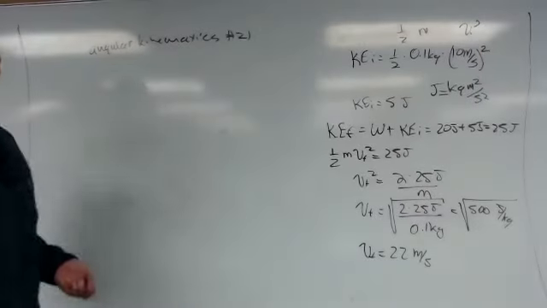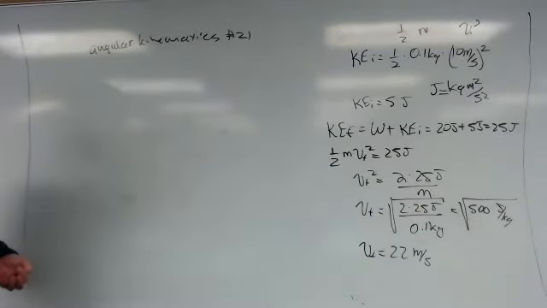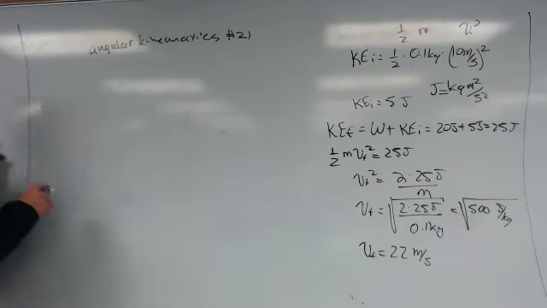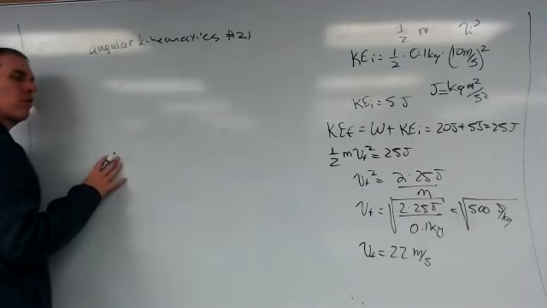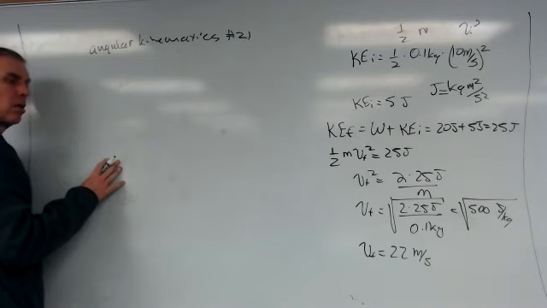What does the 30 radians per second represent? Which velocity? More specifically, what angular velocity?